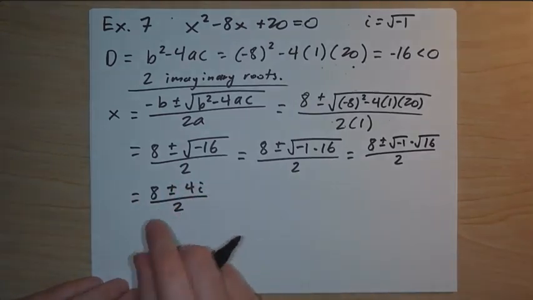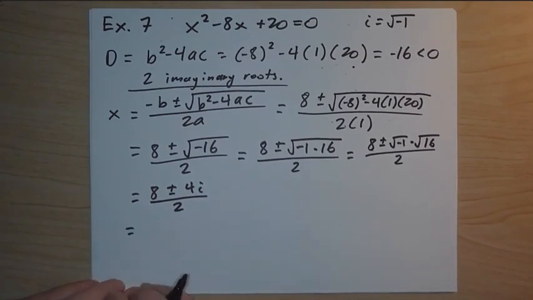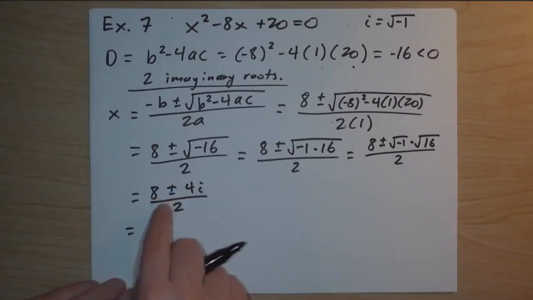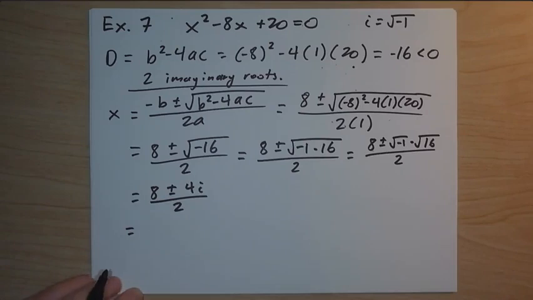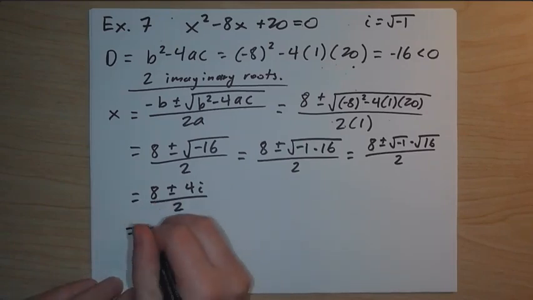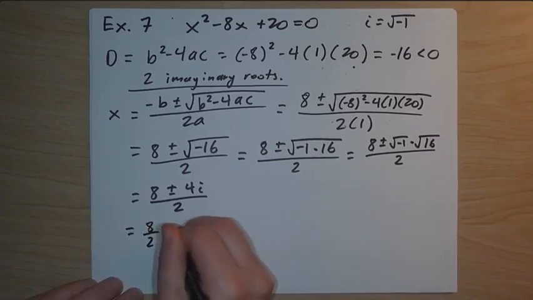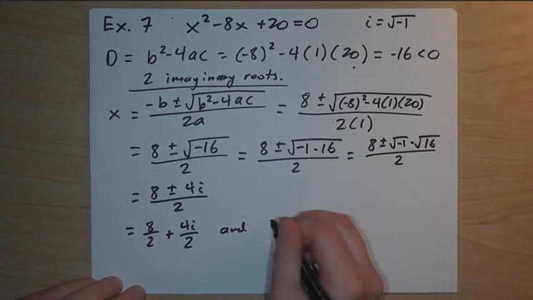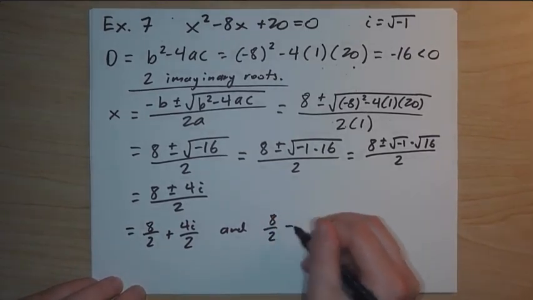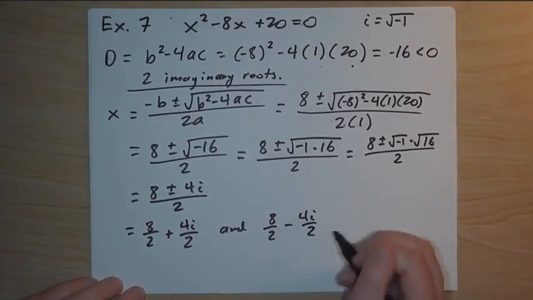And now that we have that, we can now find out what our solutions are. I'm going to split this up using the plus minus, and then also split up this entire thing into 2 fractions respectively. So using the plus one first, we have 8 over 2 plus 4i divided by 2, and we have the solution 8 over 2 minus 4i over 2.